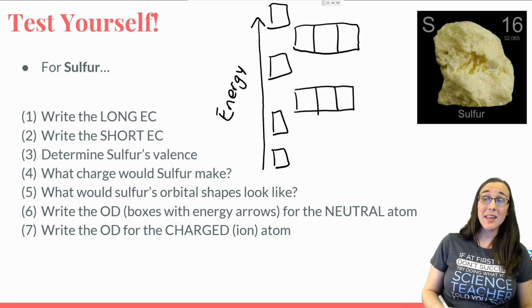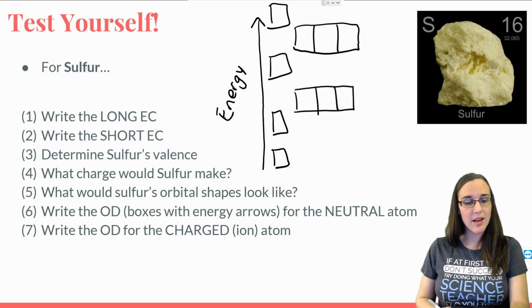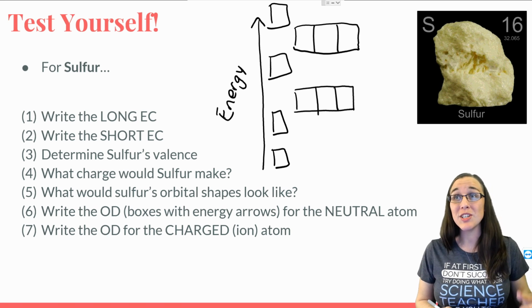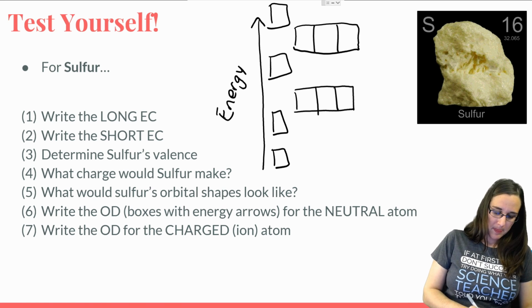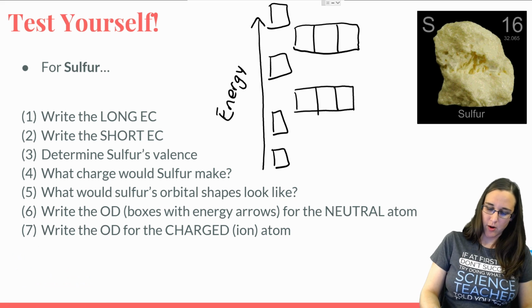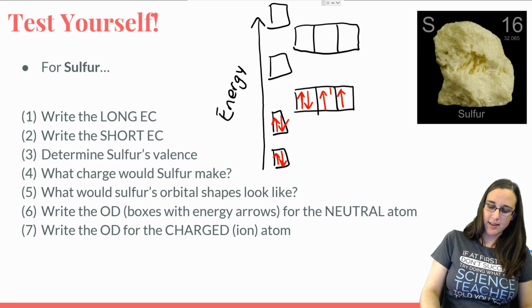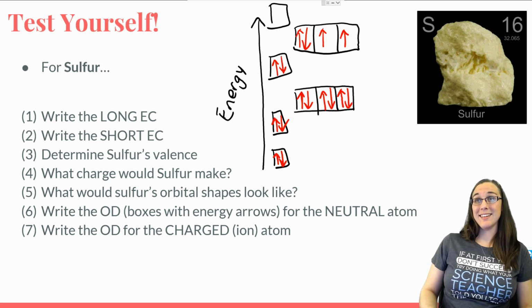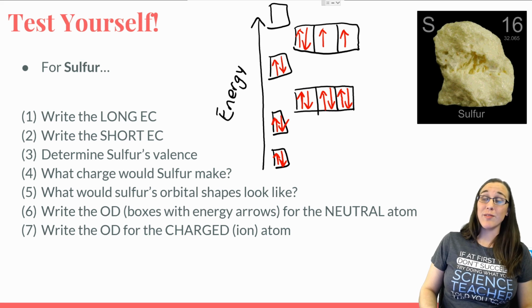Now let's fill it in for the number of electrons that sulfur has, which again is 16. So we go 1, 2, 3, 4, 5, 6, 7, 8, 9, 10, 11, 12, 13, 14, 15, 16. That would be my orbital filling diagram for a neutral atom of sulfur.